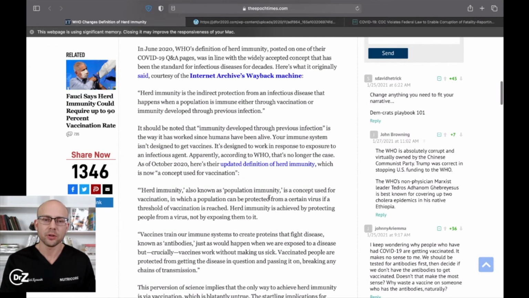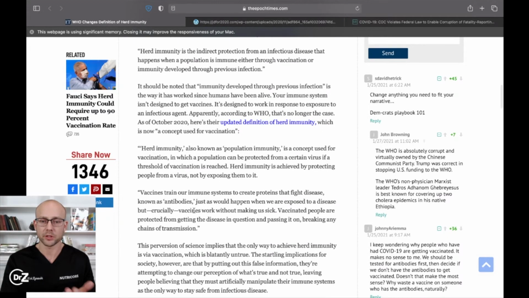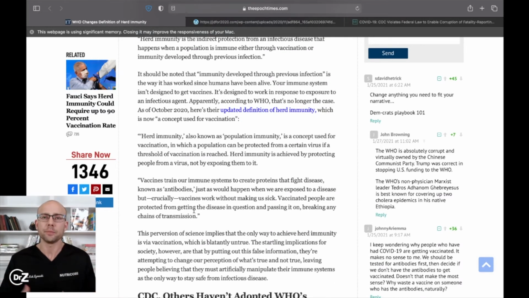It left out the fact that immunity is developed through previous infection. And now the way that herd immunity is looked at through the World Health Organization is it can only be achieved if you get a vaccination. Pretty interesting when you really look at what's behind the World Health Organization and what they stand for. Very interesting. And it's so dangerous to start changing these definitions because you're starting to just rewrite science here.